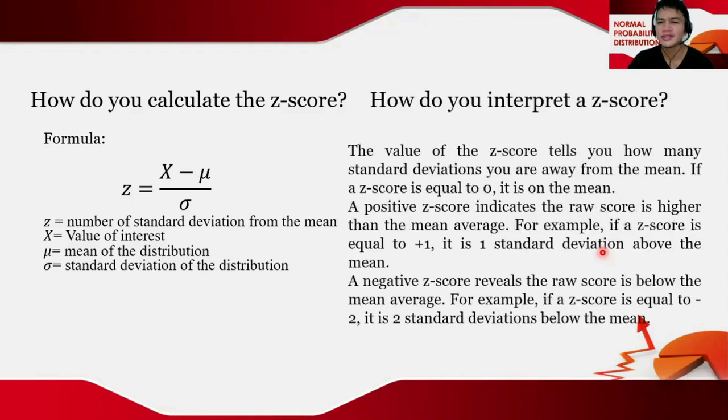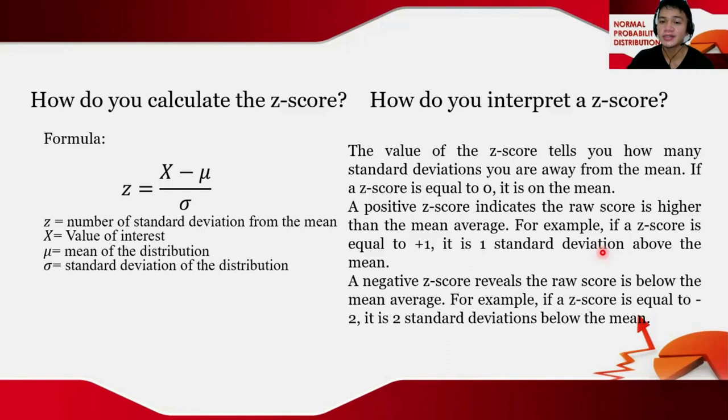How do you interpret z-score? We should know how to interpret the z-score because it's not enough for us to learn just how to compute it. We also need to learn how to interpret our results. The value of the z-score tells you how many standard deviations you are away from the mean. If a z-score is equal to 0, it means it is on the mean.